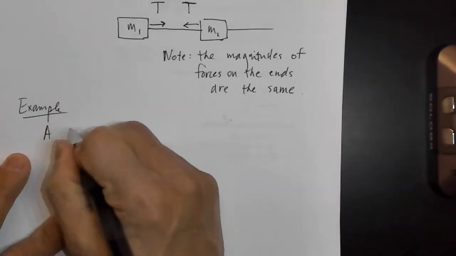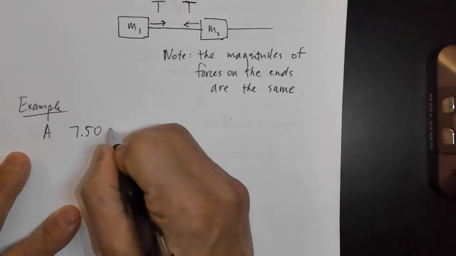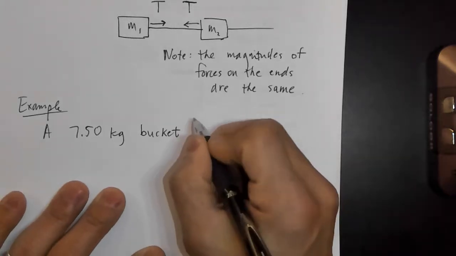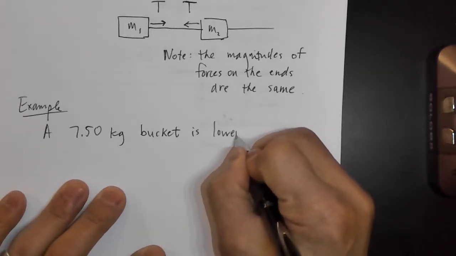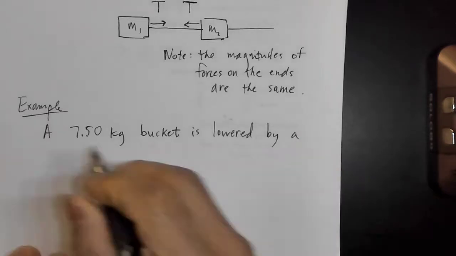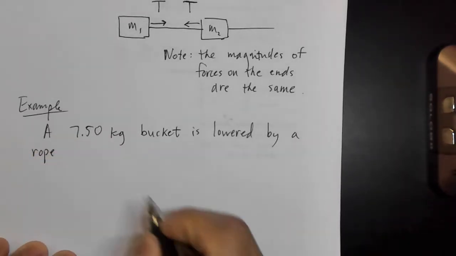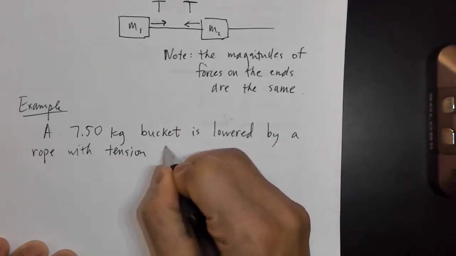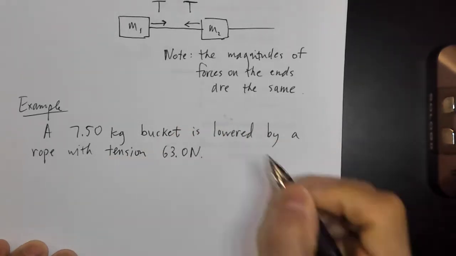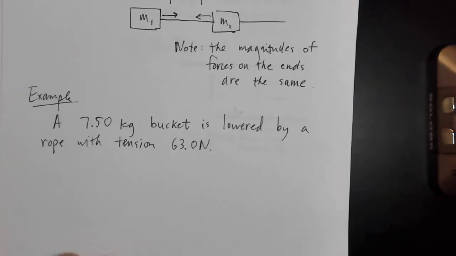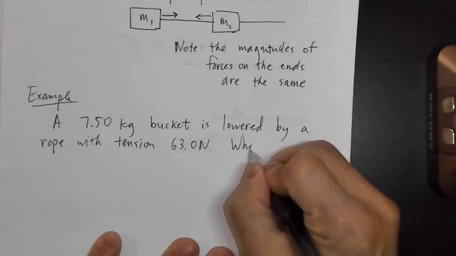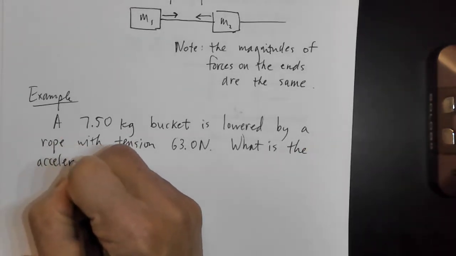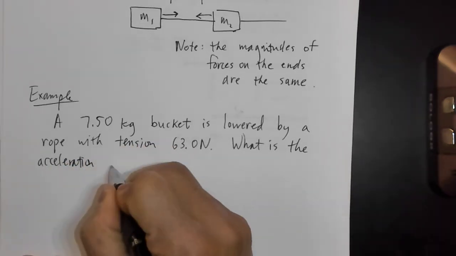Let's say a 7.5 kilogram bucket is lowered by a rope with tension 63.0 newtons. The question is, what is the acceleration of the bucket?